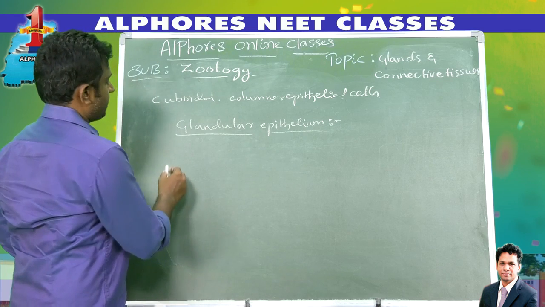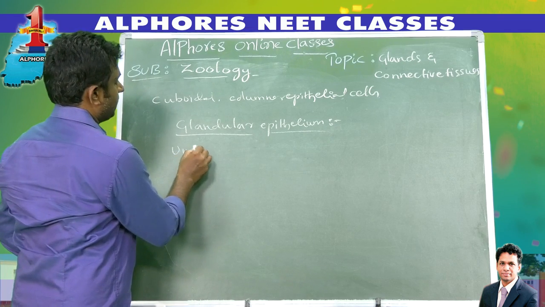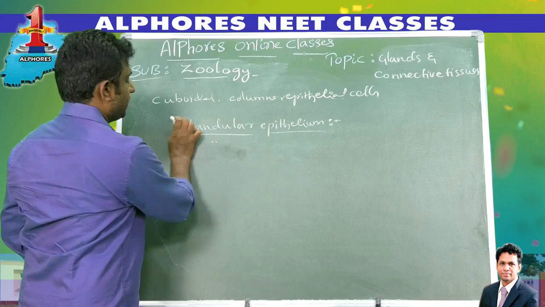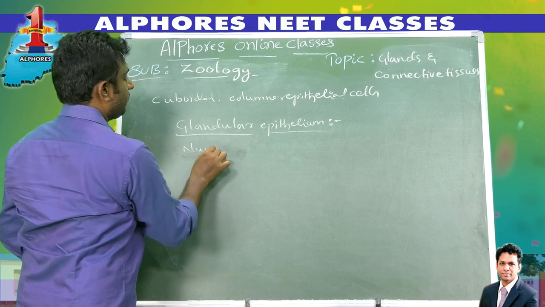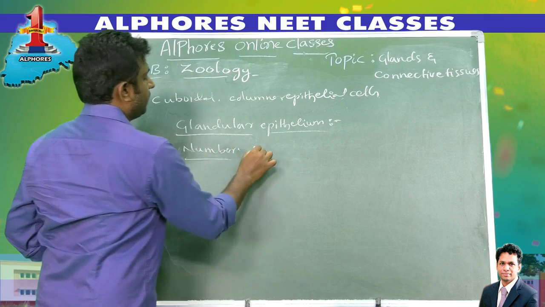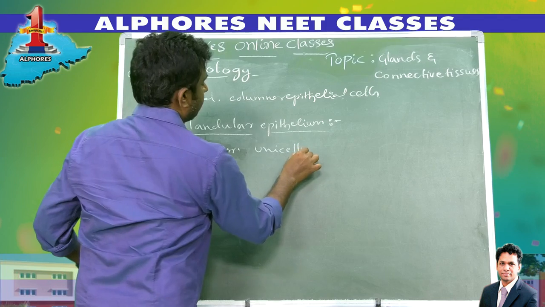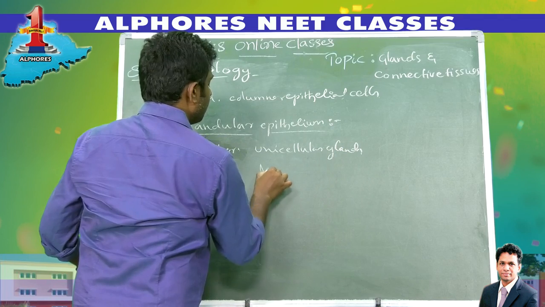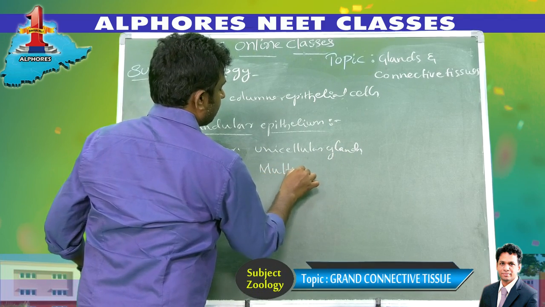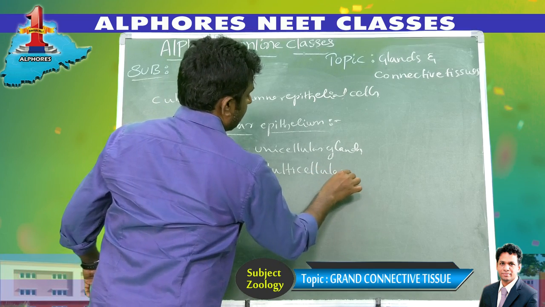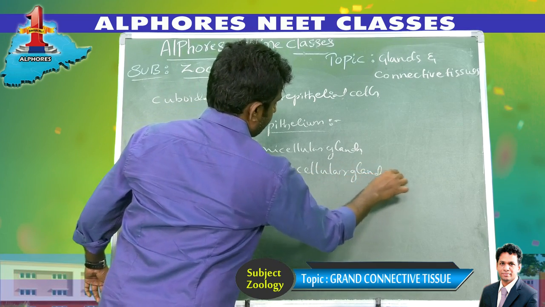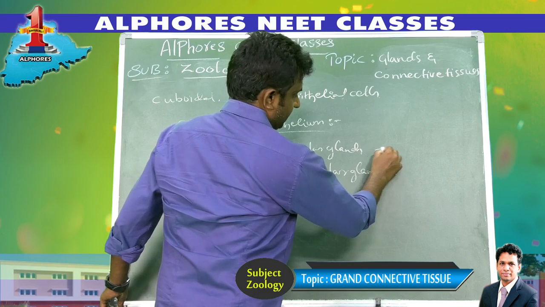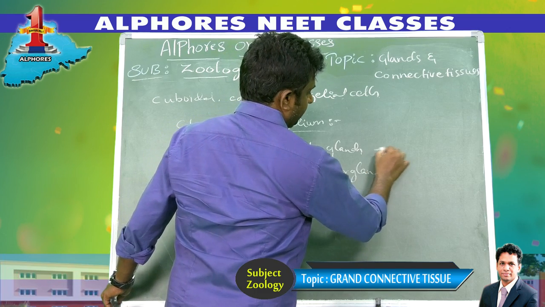Based on the number, we discussed unicellular glands and multicellular glands yesterday. In unicellular glands, isolated, separated cells are present.